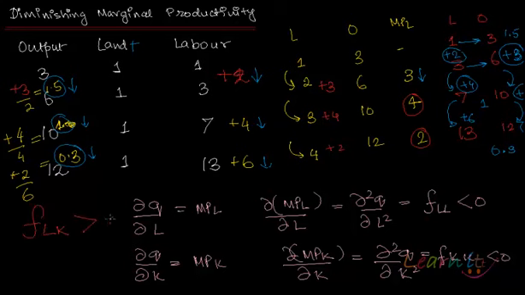In general, it is assumed to be positive, that is, the cross partial derivative is greater than 0. But the point which we have to prove here is that marginal productivity falls as you go on increasing the amount of input.